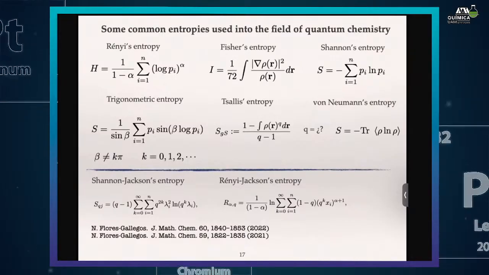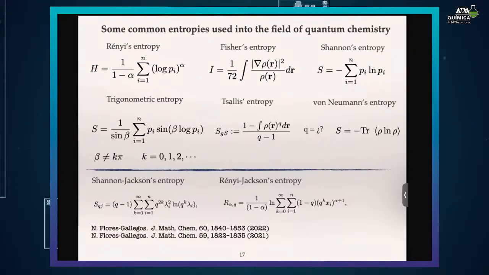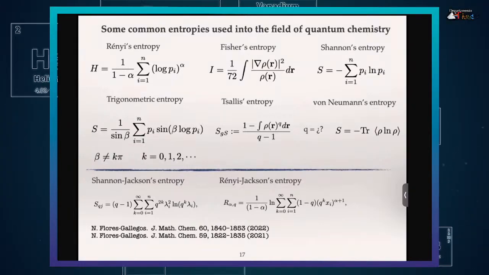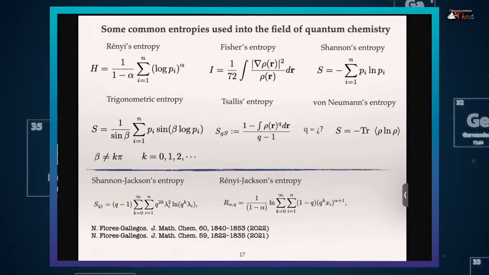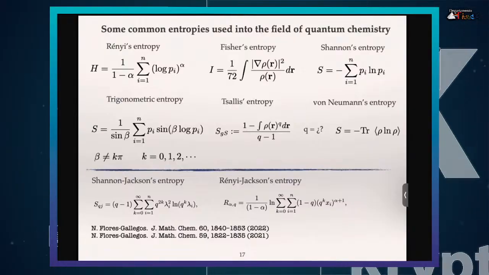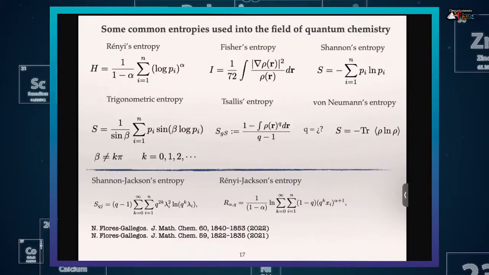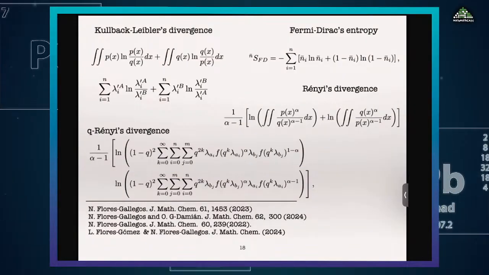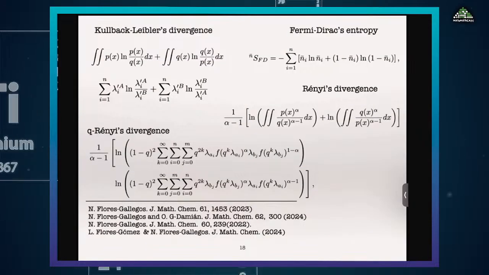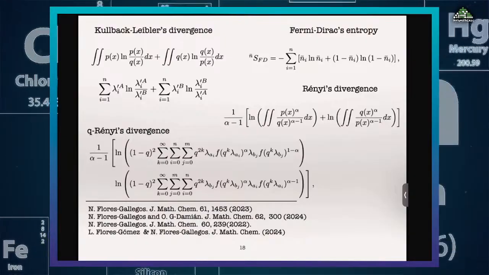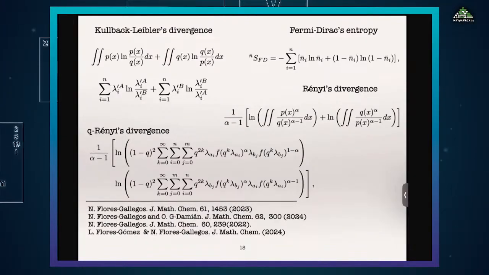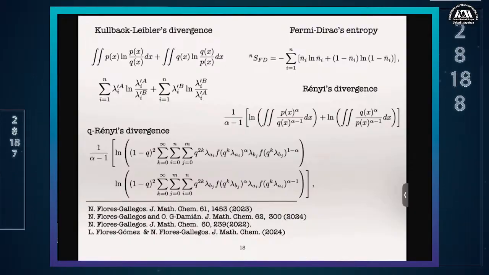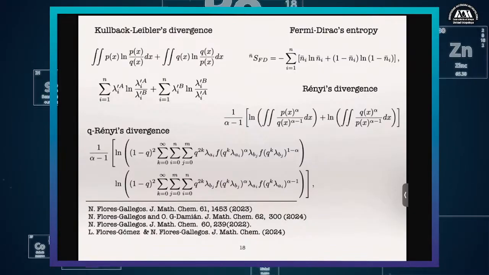We also recently proposed some new expressions of entropy: the Shannon-Jackson entropy, which is this one, and the Renyi-Jackson entropy, which is this one. And of course we have also some other concepts: the Kullback-Leibler divergence, Fermi-Dirac's entropy, q-Renyi's entropy, Renyi's divergence, and so on.